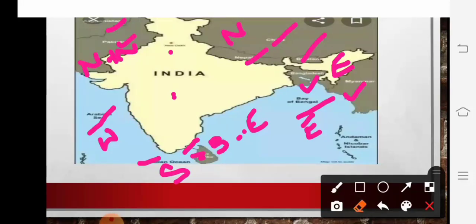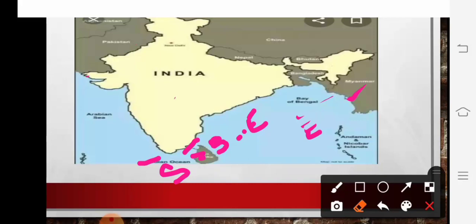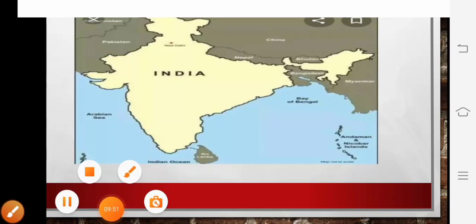Whatever points I am going to give you here, make sure you understand them and remember them very carefully. Okay children, we will move forward.